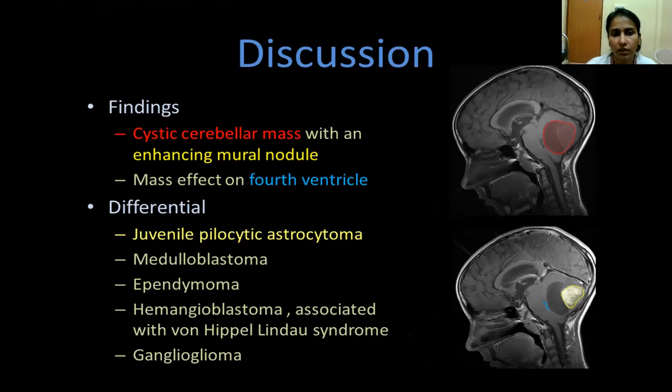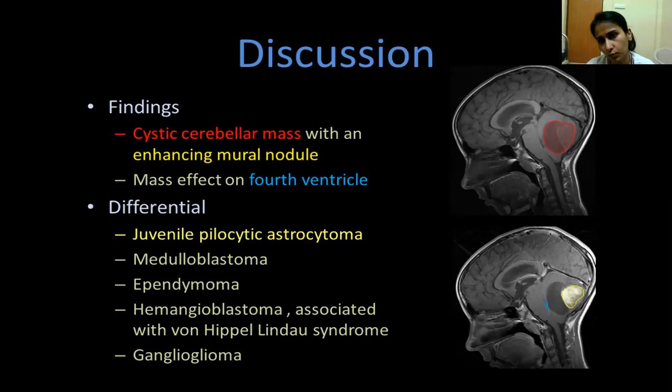If you see it in a 10-year-old or in a pediatric age group, then we are going towards juvenile pilocytic astrocytoma. And since it is near the fourth ventricle, we can also give the differential as medulloblastoma, ependymoma, and because of a mural nodule, we can go towards hemangioblastoma, which is associated with von Hippel-Lindau syndrome. The other differential we can give is ganglioglioma.